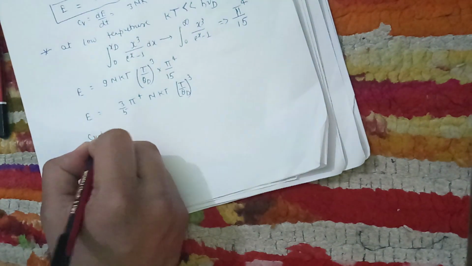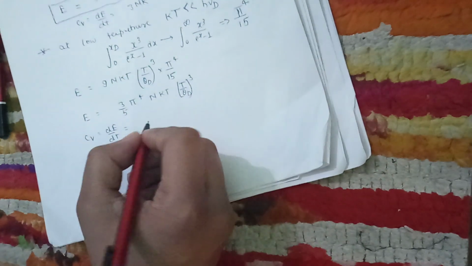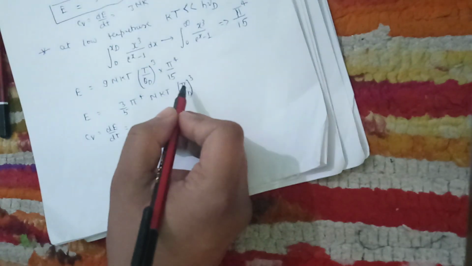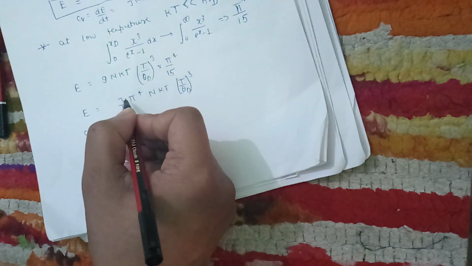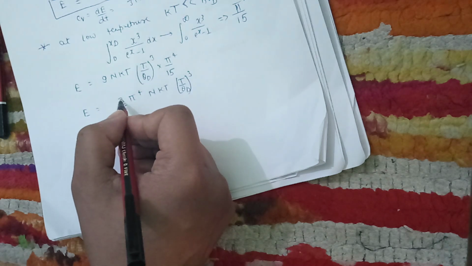For Cv, that is d by dt, this is t to the power 4, and if we differentiate it, 4 comes down and multiplies with 3.